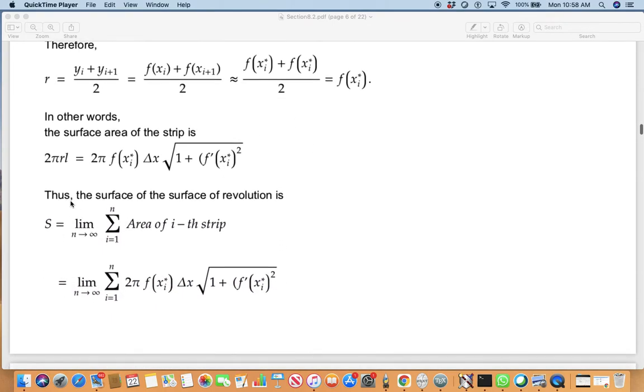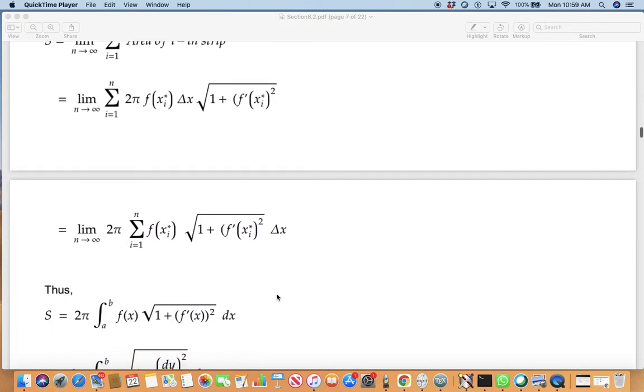So finally we are at the surface of revolution. Now what do you do? You take such strips and let the number of strips go to infinity. Take the summation of all the areas of all those strips. This translates to the limit as n approaches infinity of the summation, i going from 1 to n, of 2 pi f(xi star) times the square root of 1 plus f prime of xi star squared, times delta x.